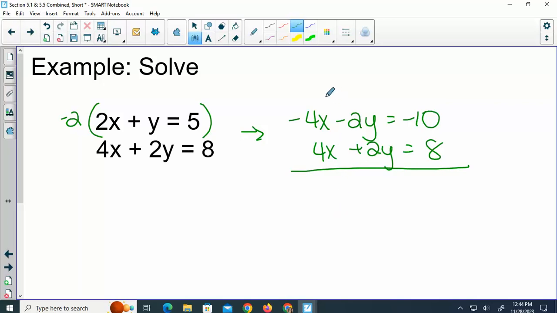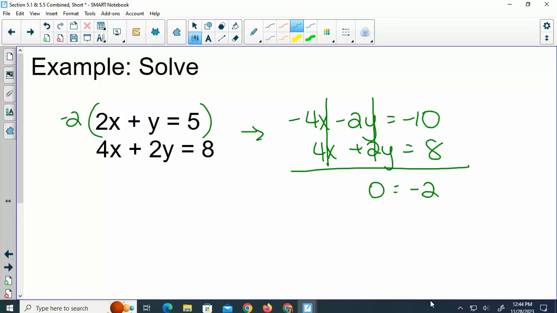So when I add those together, my x's cancel and my y's cancel. So that leaves me with 0 equals negative 10 plus 8, which is negative 2.